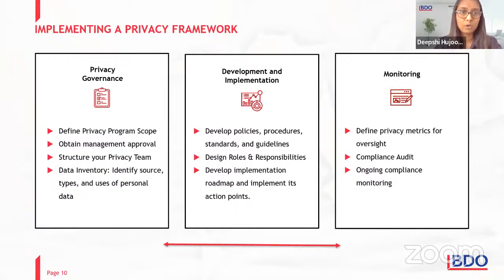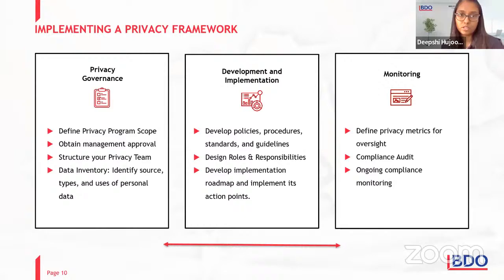Third, we have to structure the privacy team. We will talk about more details regarding the data protection officer in this PowerPoint presentation. But the key point here is if you have a privacy team in the organization, it is better. We always recommend the same for our clients.